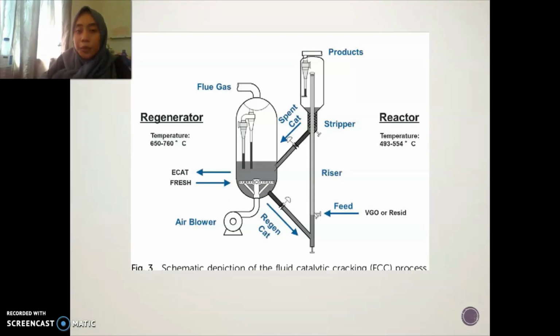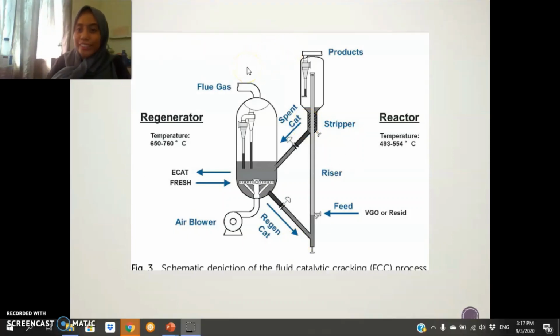So the product produced from the catalytic cracking will go out from the upper part of the reactor. Meanwhile, the coke and the catalyst will go to the regenerator for the catalyst regeneration process.